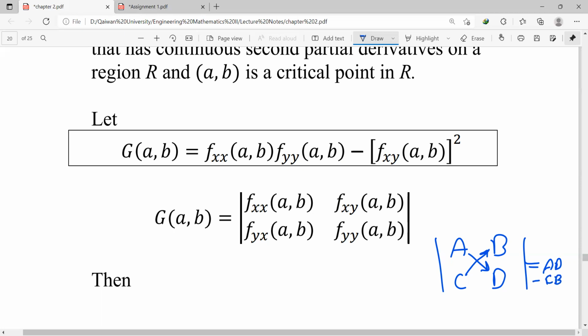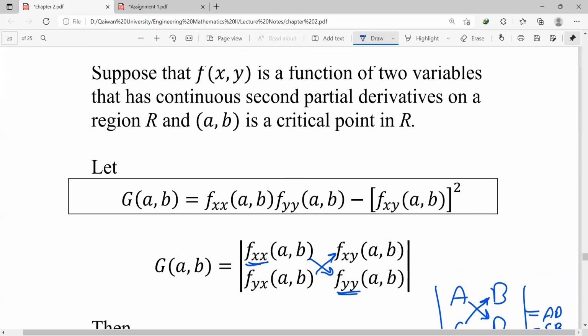To find the determinant, we multiply these two, then minus, we multiply these two. But be careful. These two are both partial derivatives with the same variable, f sub xx and f sub yy. We multiply these two, minus f sub yx times f sub xy.